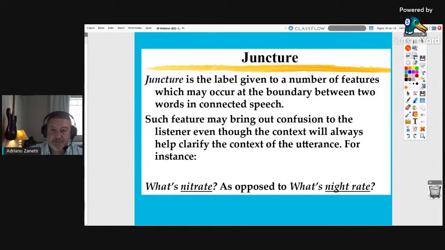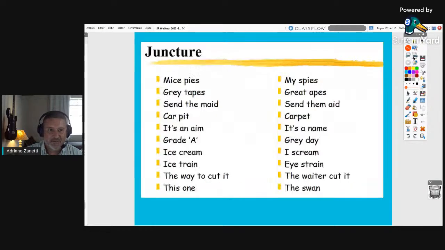And the juncture, which is a funny part of the English language. Like the question is, what's nitrate? It's the same thing as night rate, but when you put it in context, the pronunciation is the same. What's nitrate? What's nitrate? So, and here I've got some examples. And again, I wish I was there, face to face, because when you start pronouncing it, you go like, wow, that's the same thing technically.